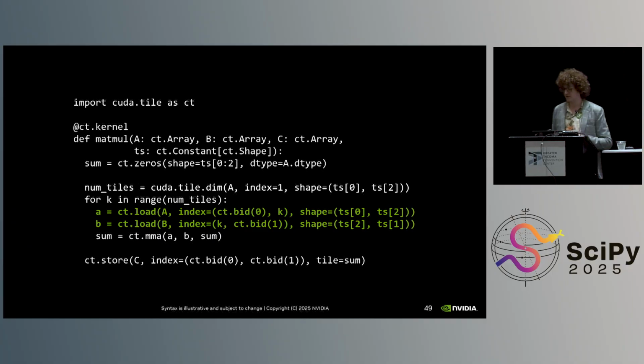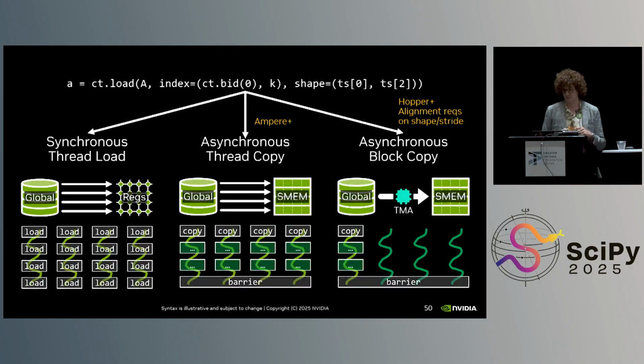The load and store operations are a portable abstraction over the many different strategies for memory movement that are available in CUDA today. For example, load could lower to traditional synchronous instructions, potentially vectorized, or it could use the asynchronous thread copy instructions available in newer GPUs, allowing the memory movement to be overlapped and pipelined with compute.